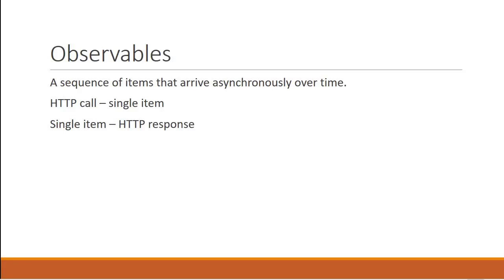But what you have to make note of here is that with an HTTP call, it is a single item instead of a sequence of items. And that single item is nothing but the HTTP response. So in the context of HTTP mechanism in Angular, an observable is nothing but the HTTP response that arrives asynchronously.